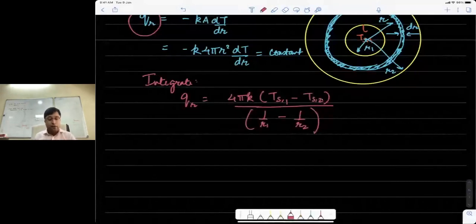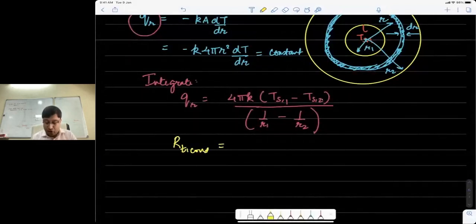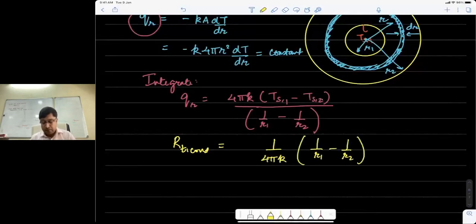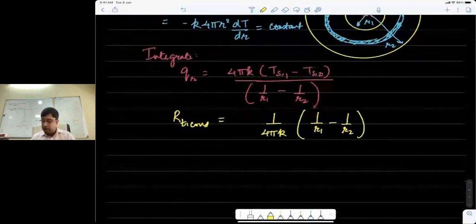That will come out to be the rate of heat flow through this sphere, which would mean that the conduction resistance, which would be temperature difference by heat current, should now be 1 by 4πK times (1/R1 minus 1/R2). So that becomes the heat conduction resistance in a sphere.